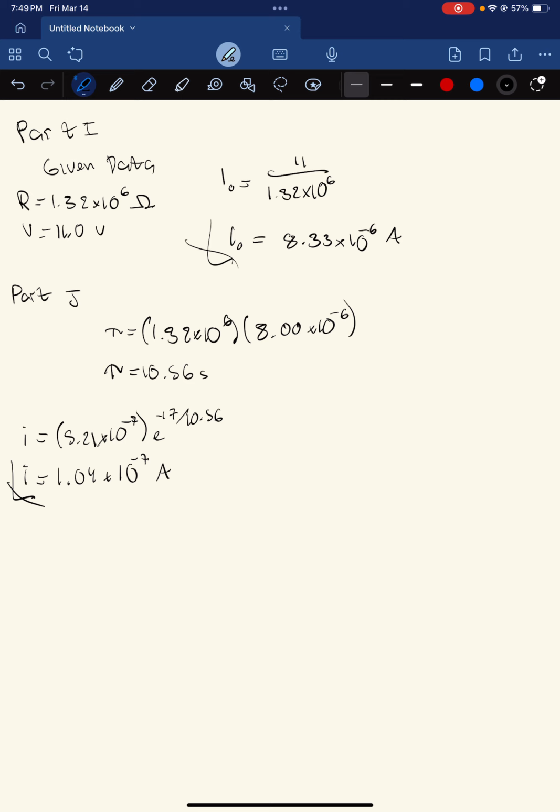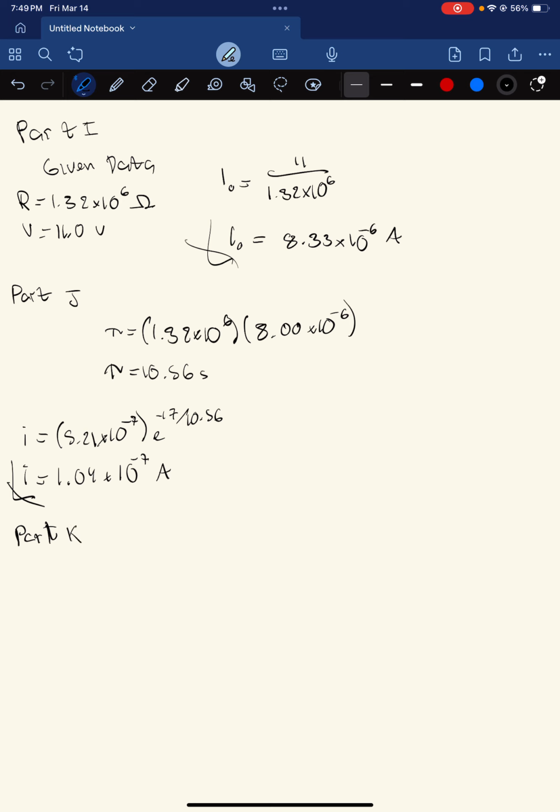After letting the capacitor charge for 51 seconds, you disconnect it from the circuit and connect it in series to an open switch and a 6 megaohm resistor. Find the charge on the capacitor when you disconnect it from the first circuit.